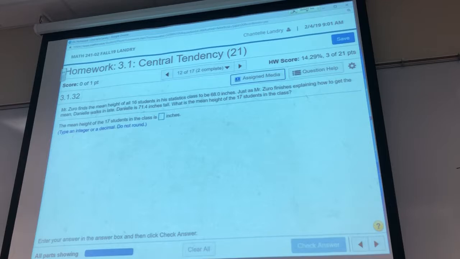And now that we've found that, if we want to find the average for the 17 students, we know that the first 16, if you add them together, you get 1,088. So you get the 1,088 inches from the first 16, plus 71.4 for Danielle, and then you're going to divide it by 17 because you've got 17 students total.